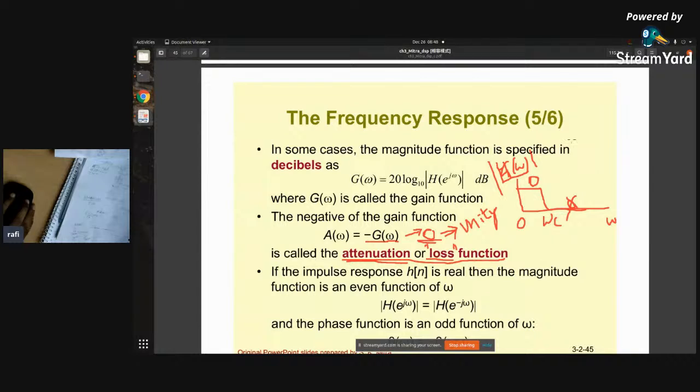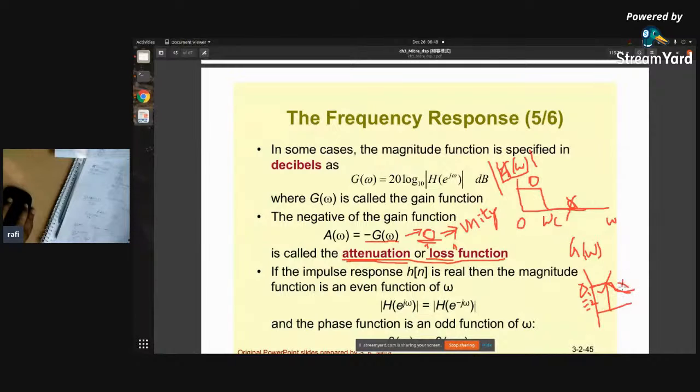When you plot g of omega, let us say this is the 0 axis, and these are negative values here, -1, -2, and so on. This zero gain region, the maximum gain, we call the pass band. Wherever the gain is less than 0, the signal is attenuated.